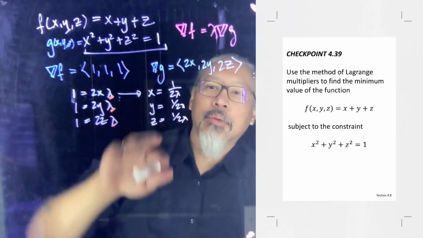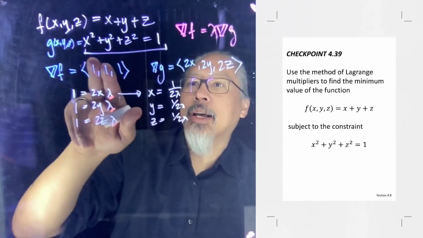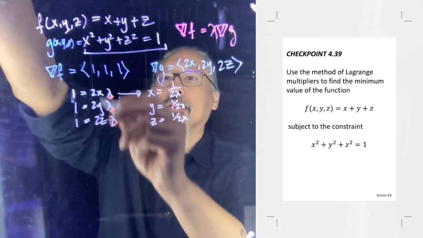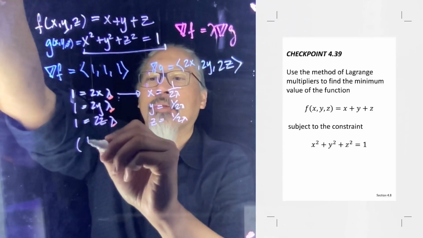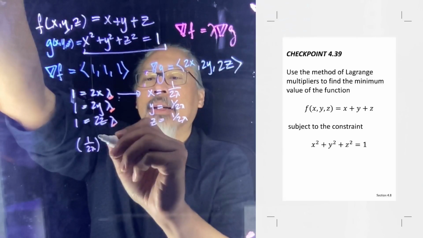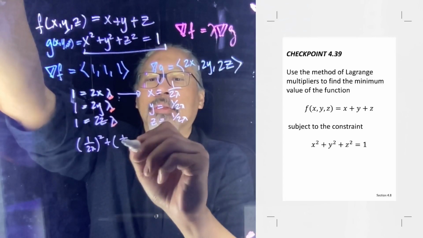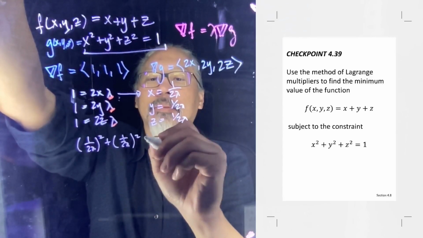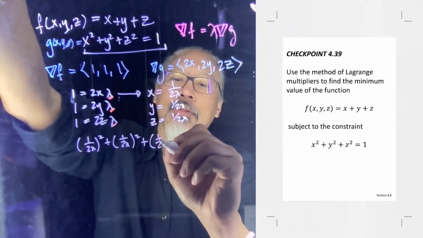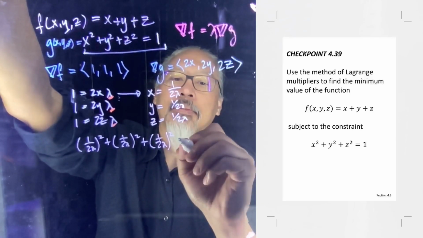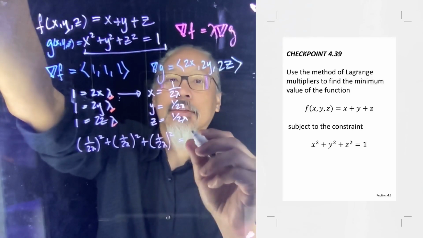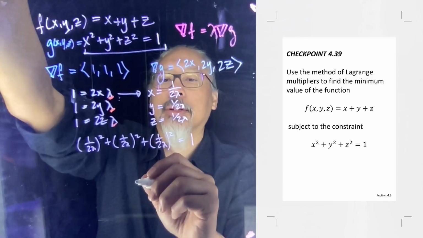So they're all equal to 1 over 2 lambda, so let's put that into the fourth equation, where you have 1 over 2 lambda for x, y, and z, all squared and equal to 1.